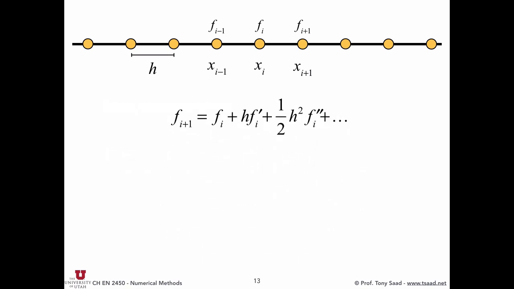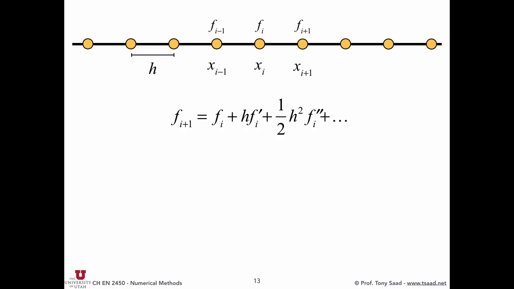Now, we're going to step back for a second. We started by saying, Dr. Saad, you told us that with the Taylor series, if you are given function values fi, f prime i, f double prime i, etc., then you can predict fi plus 1.